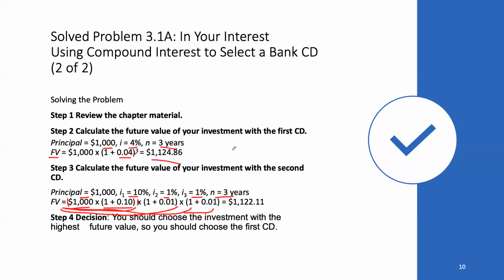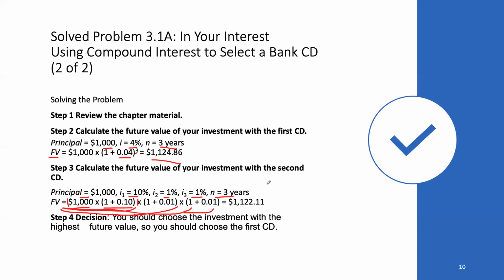So this is basically a warning to think about: even though this might be a very attractive introductory interest rate on some financial products, you might want to do these future value calculations. Because if I just went into the bank and the bank said, oh yeah, we have one which offers 4% for 3 years and the other one offers 10%, and that's where they leave it, then it's not obvious that you always choose the one with the higher interest rate.